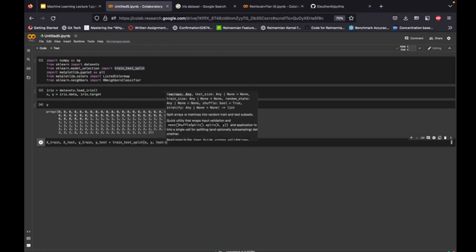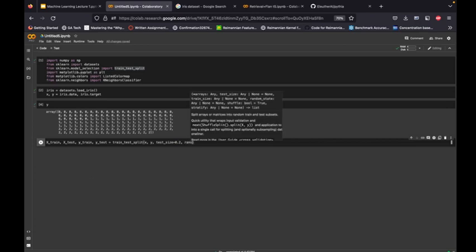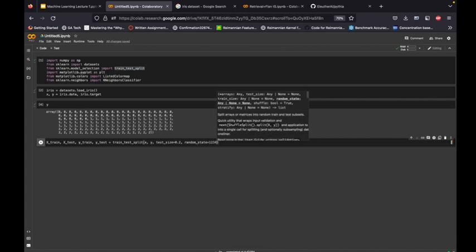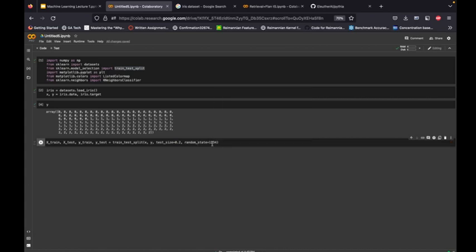We'll split based on 20%, which I think is a good number. So 80% of the data goes into our train data, and 20% goes into our test data. And this random_state is just here to make sure that the data is all shuffled around.